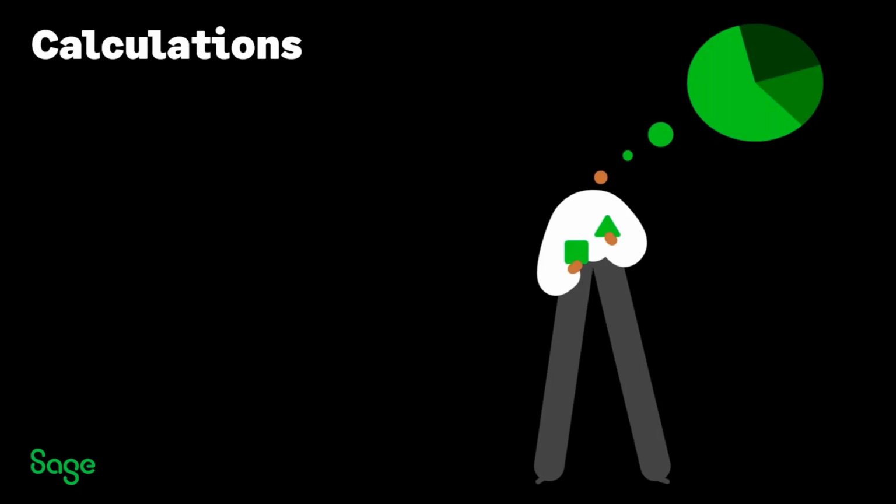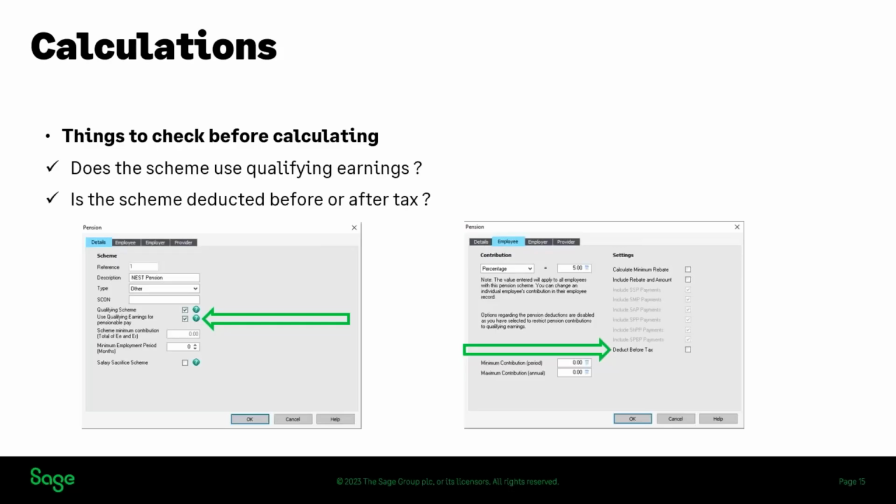So earlier in the webinar, we looked at the key settings involved in setting up your pension scheme. As a reminder, the two key settings that I pointed out were using qualifying earnings for pensionable pay. That's a reference to all earnings between the lower and upper threshold. If you've ticked the box in your pension scheme settings, it will use qualifying earnings to work out the pensionable pay.